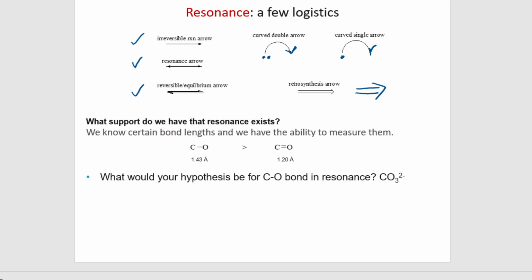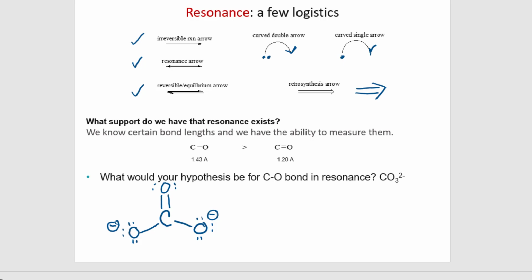So if you have a carbonate ion, which is drawn like so, I'll draw the Lewis dot structure for you. There's the carbonate, CO3, with an overall -2 charge.